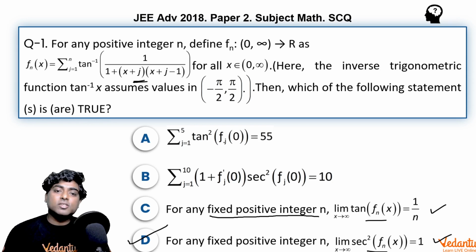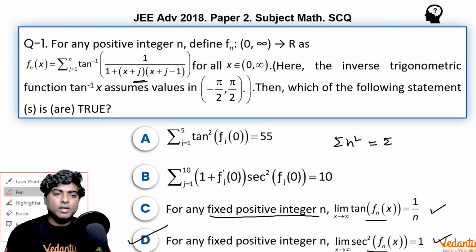So sigma n square, or sigma j square from 1 to 5, it is 1 square plus 2 square plus 3 square plus 4 square plus 5 square.